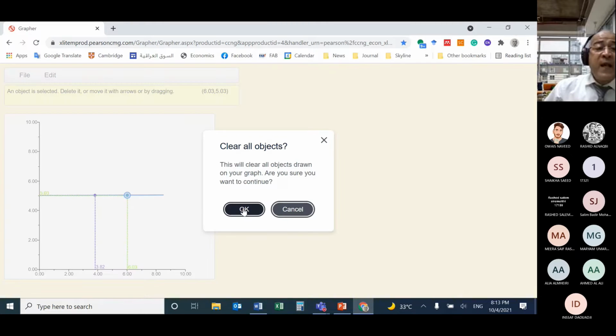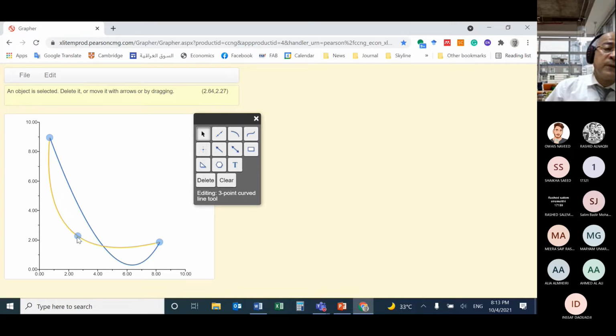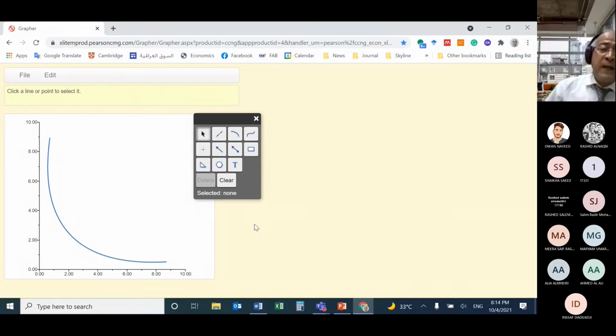Okay, the last case. This curve is called a hyperbola. What is meant by a hyperbola?